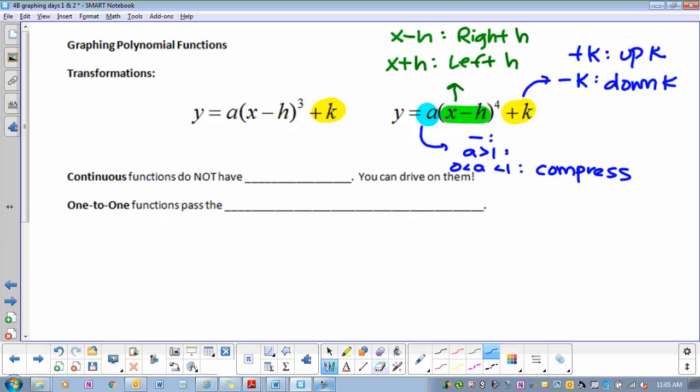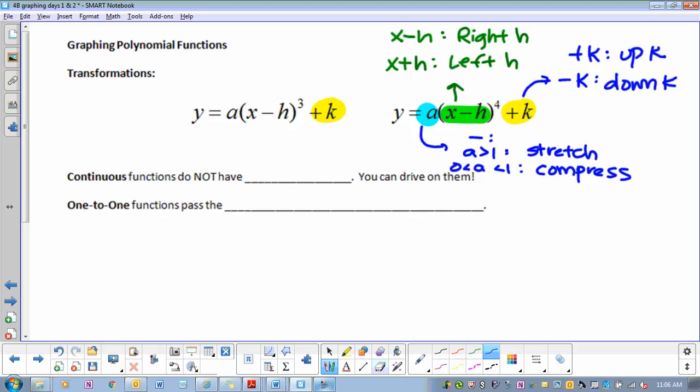Stretch. So if you have a negative there, the negative does a whole separate job. What does that negative do, Timlin? Do you remember? It makes it small? That one's compressing, it makes it flatter. What does that negative do? It goes opposite.